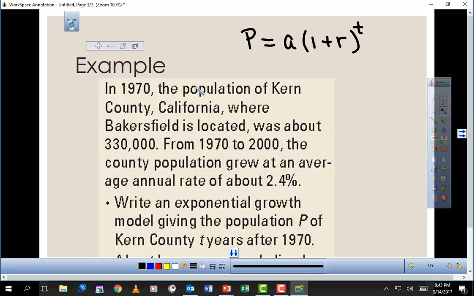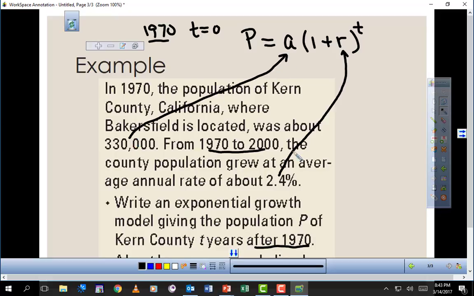Okay, so now we should take note here that 1970 is when t is equal to 0. Okay, that's what's meant by this information right here. It's the years after 1970. Okay, so this number right here is going to go in right here. The initial population is going to go in right here.